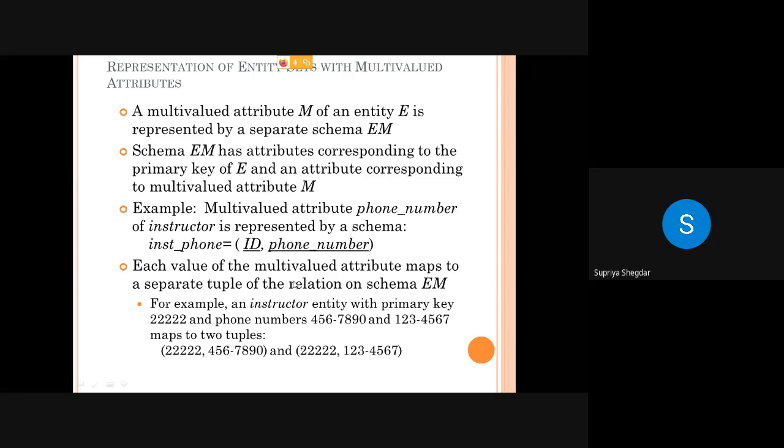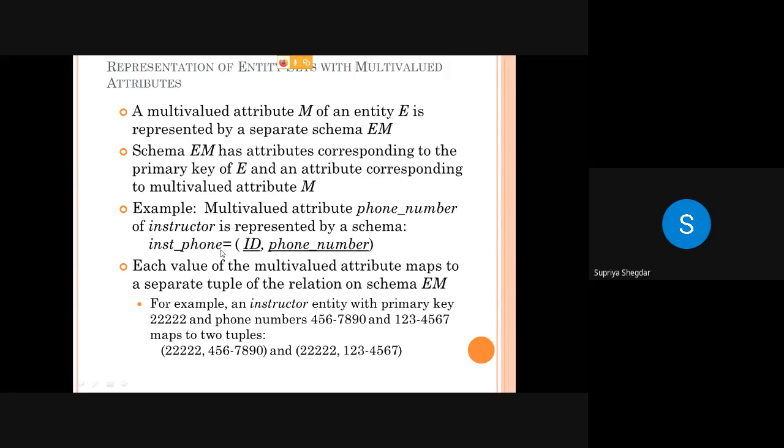So each value of the multi-valued attribute maps to a separate tuple of the relation on the schema EM. Meaning if an instructor has 2 or 3 phone numbers, then we can add all the phone numbers in this new schema.